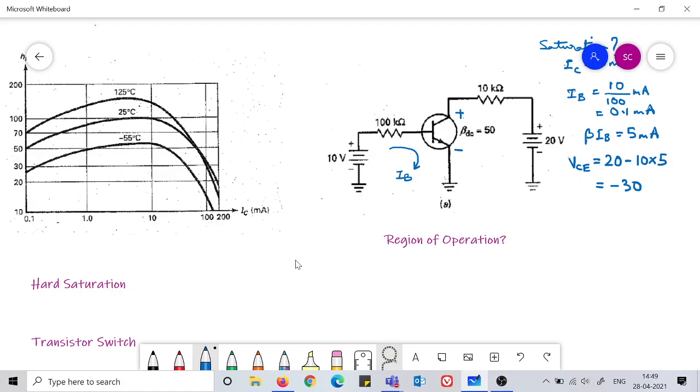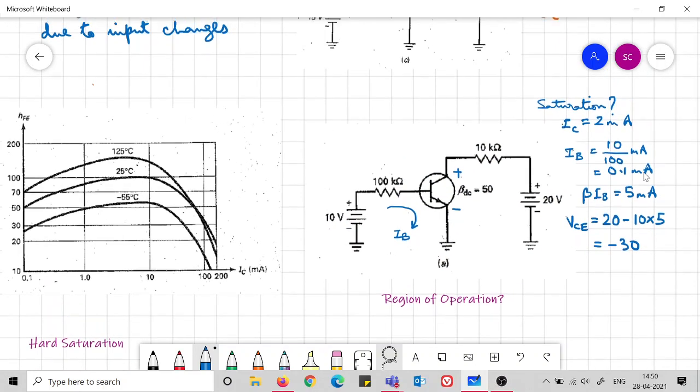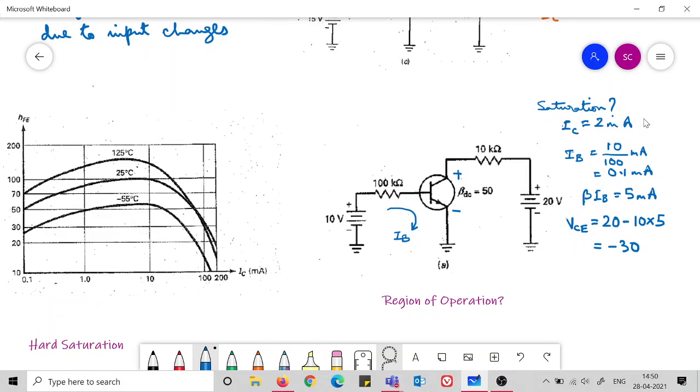How can we set that? We can set that by making the transistor constructionally from the manufacturer's end. We make the transistor such that the gain beta is very less. When the gain is very less, then it will work in the saturation region, because in the saturation region the current is quite smaller than in the active region.